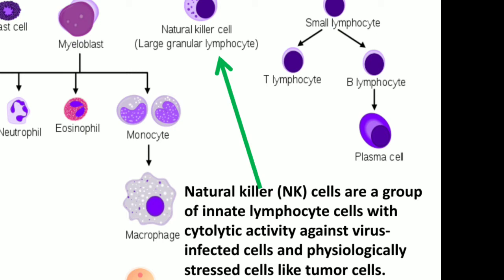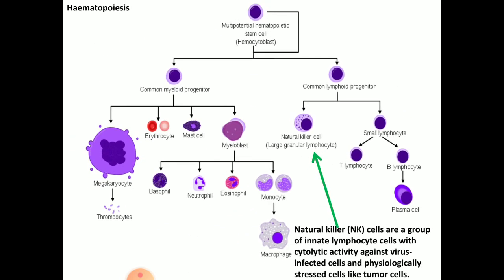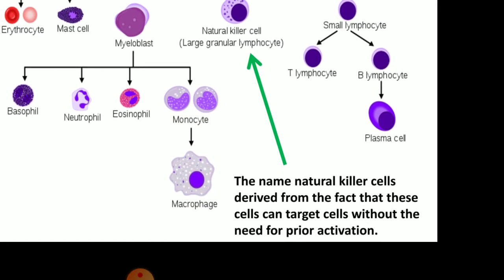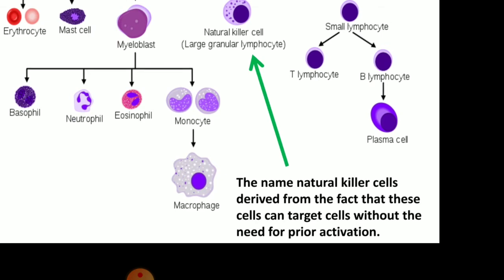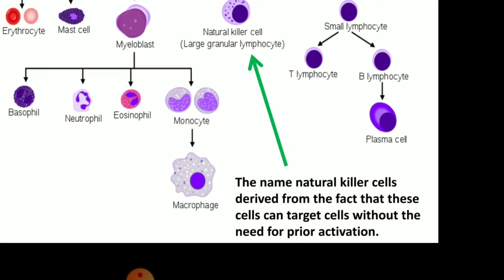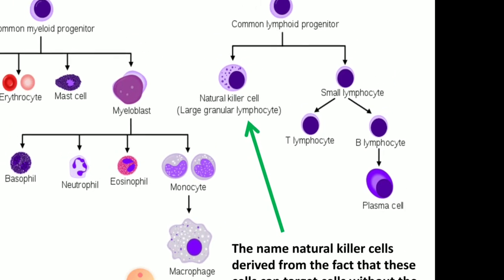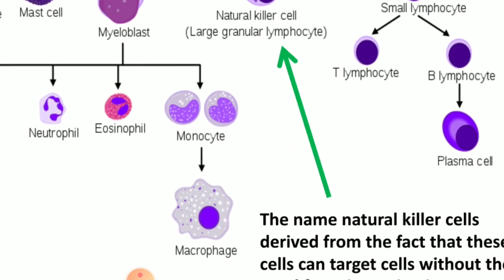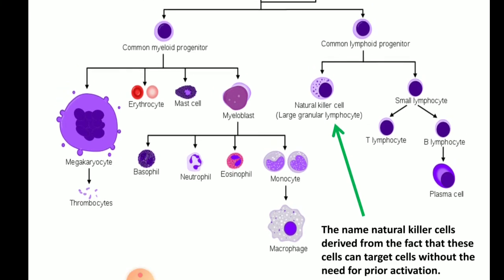The natural killer cells are a group of innate lymphocytes that have cytolytic activity against virus infected cells and physiological stressor cells like tumor cells. The name natural killer cells is derived from the fact that these cells can target cells without the need of prior activation. Remember students, they do not need activation, and they naturally attack the target cells.